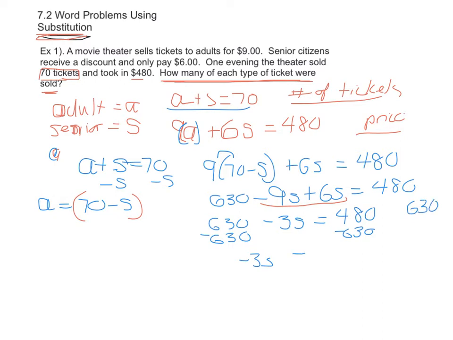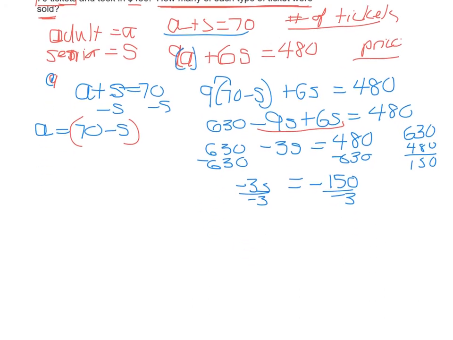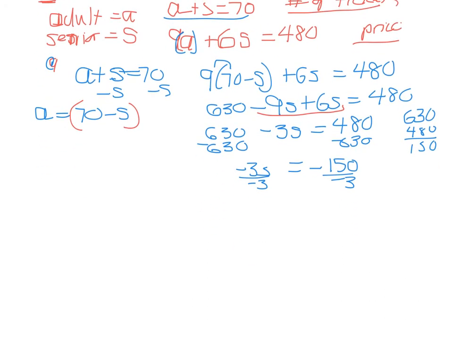So it is going to come out to be negative. 630 minus 480 is going to be 150. So that's equal to negative 150. Divide both sides by negative 3. And I have S equals positive 50.